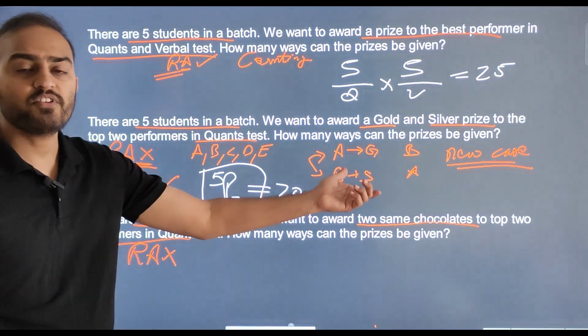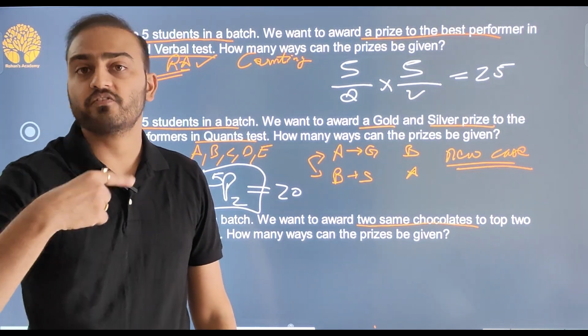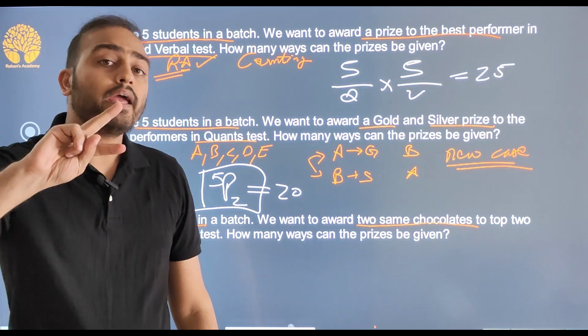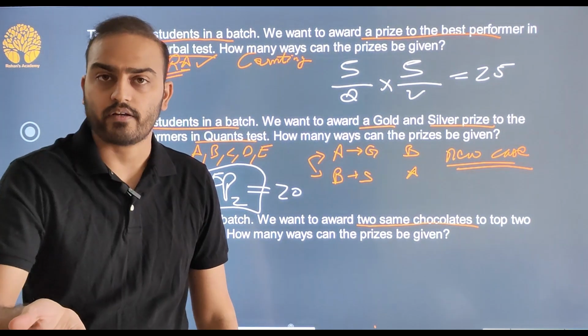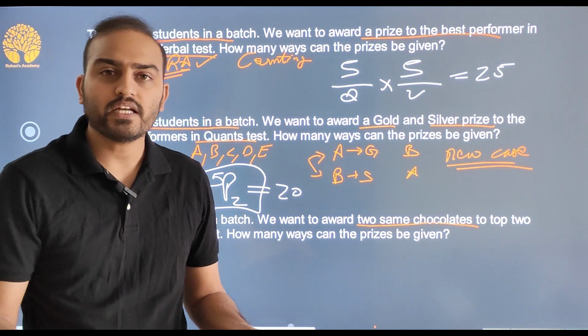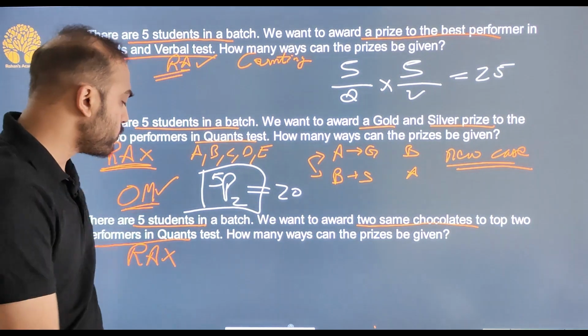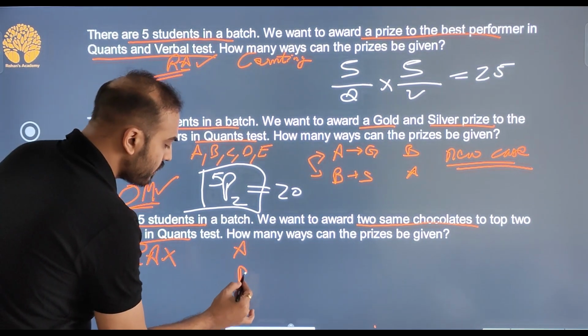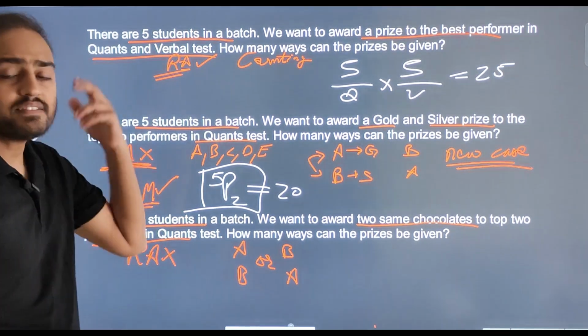Now let's do the same scenario. Say you are the first person, I am the second one, so both of us get the same chocolate. If we interchange our positions, has the situation changed? No, because we are still getting the same chocolate. If I do AB or BA, it's still the same thing.